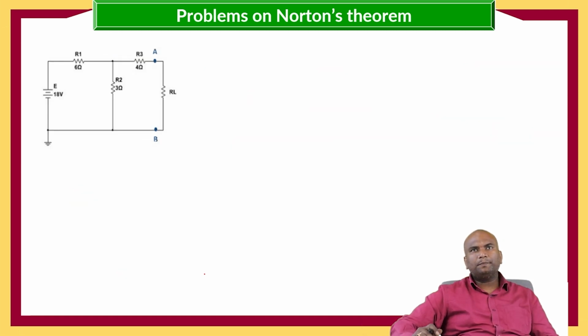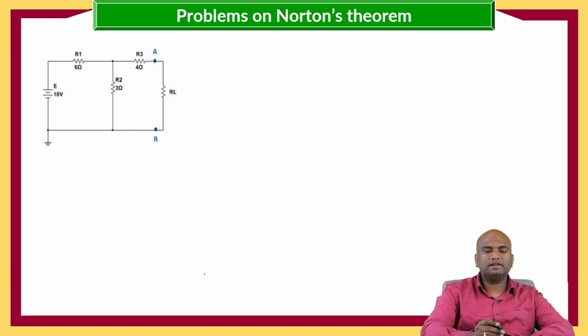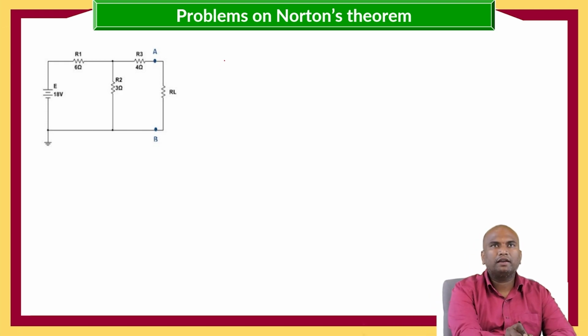And here again the next problem. In this also we need to calculate the Norton's equivalent. So for calculating Norton's equivalent, I'm replacing the load resistance with a short circuit.